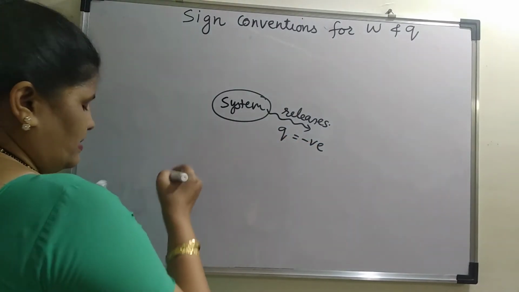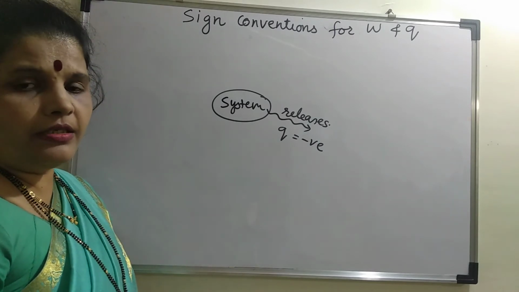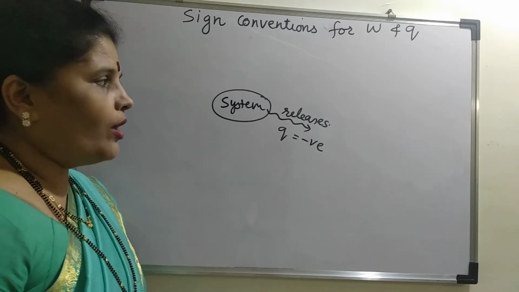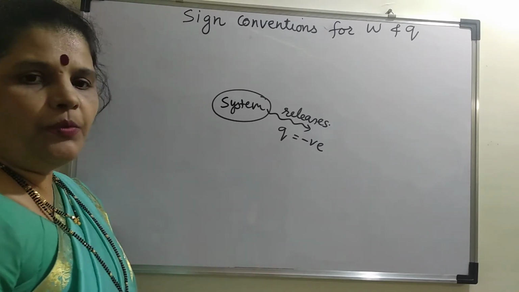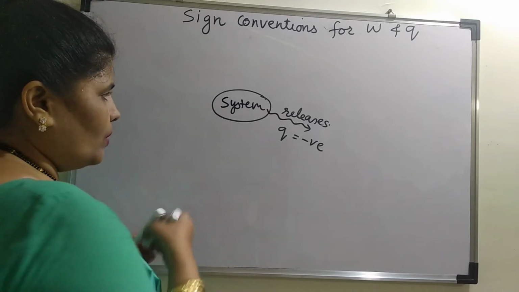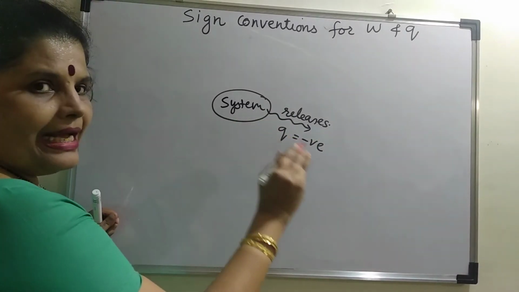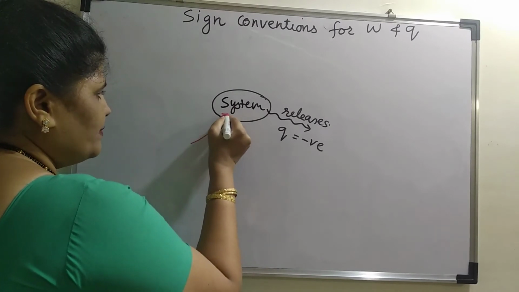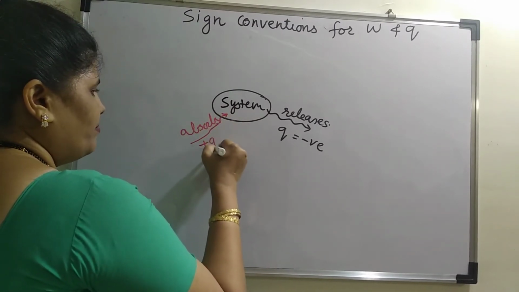But if the system absorbs energy, it is necessary, students, for any system either to release energy, what we call an exothermic reaction, or it must absorb the energy, what we call endothermic. So if the system releases, we write the sign convention for Q as negative, and if it absorbs, then it will be plus Q.